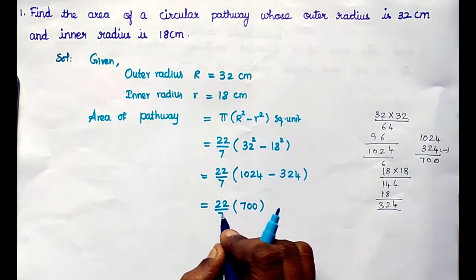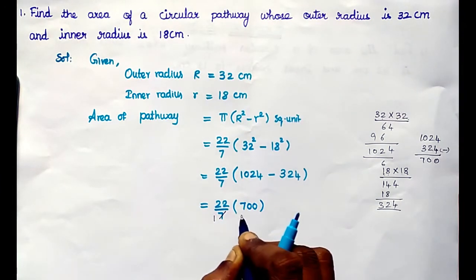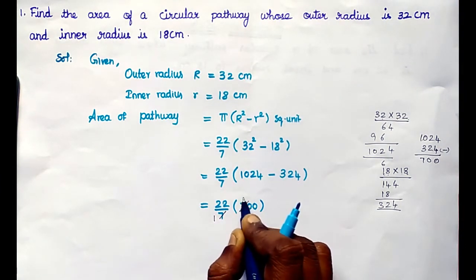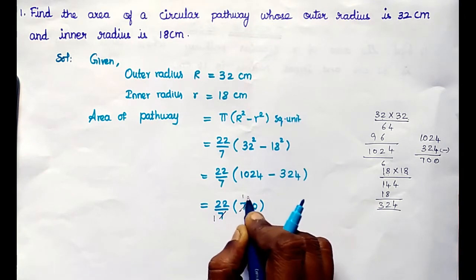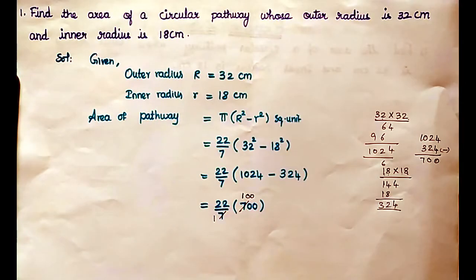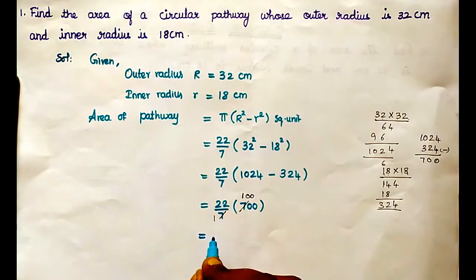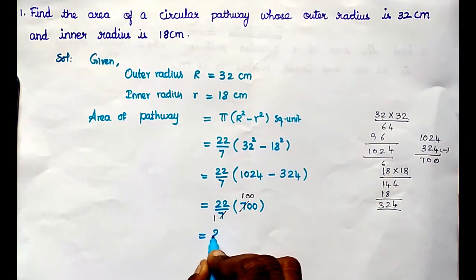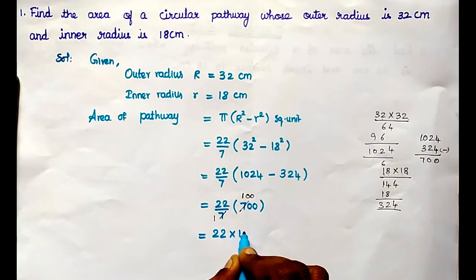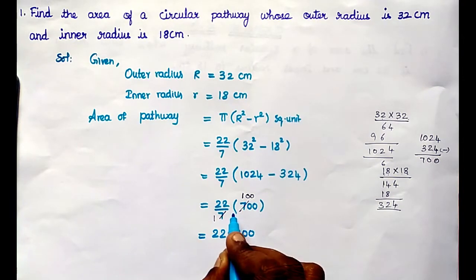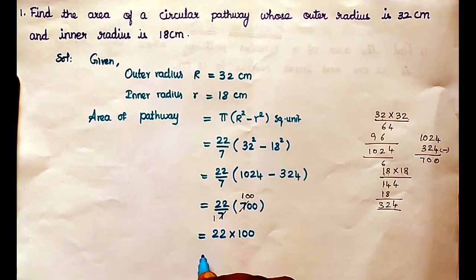Now cancel this number by the 7 table. 7 1 is 7, here also 7 1 is 7, put the two zeros, that means 100 times. So the remaining number is 22 into 100. 22 into 1 is 22, put the two zeros, so 2200.